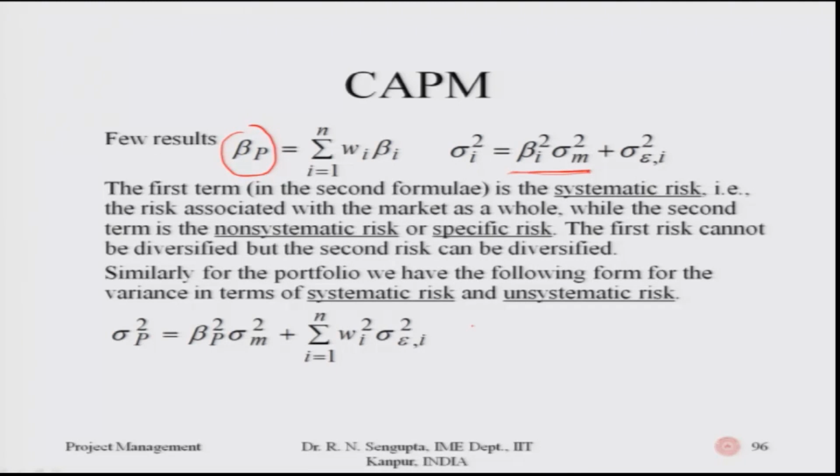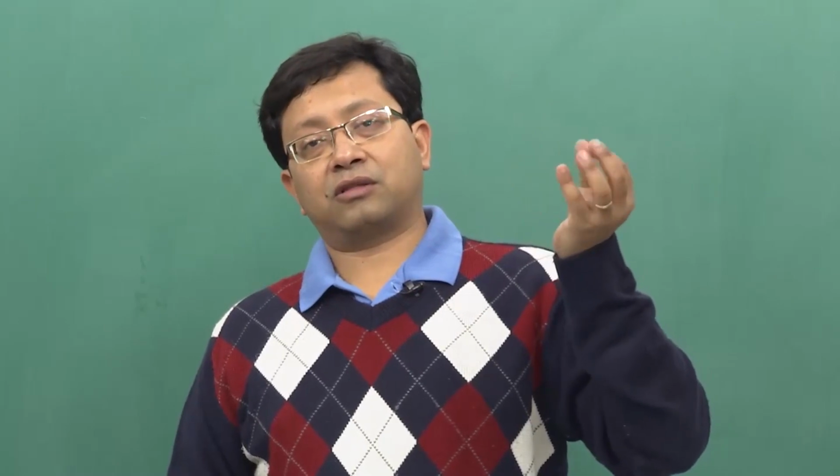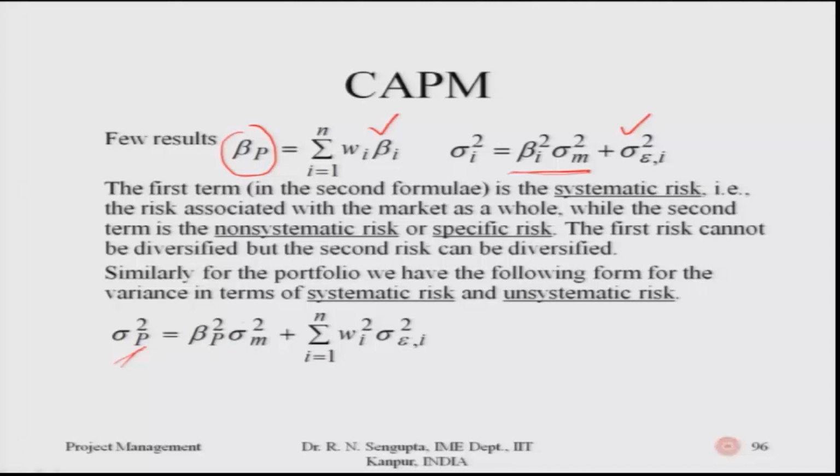Similarly, for the portfolio there are two types of risk again, extending from the first formula and the second formula. You have the overall risk of the portfolio, which is now the multiplication of two terms. Portfolio means the conglomeration of assets or projects which you have made. So, it is the market risk multiplied by the square of the beta of the portfolio, which can be obtained from here.